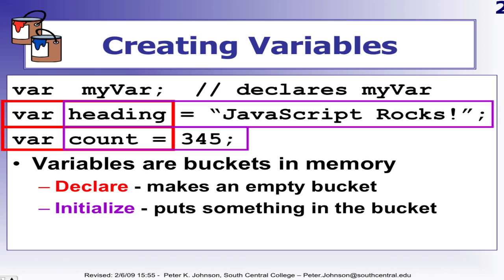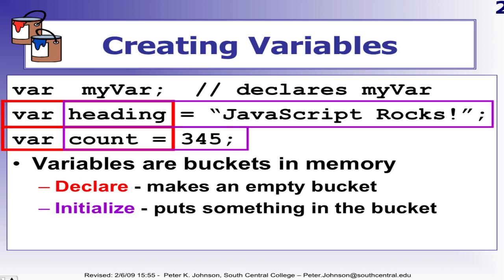We're basically taking the words JavaScript rocks and dumping them into the bucket called heading. So anytime we want to know what's in heading, JavaScript will dump out whatever is in that bucket. We also initialize the variable count by assigning the number 345 to the variable.